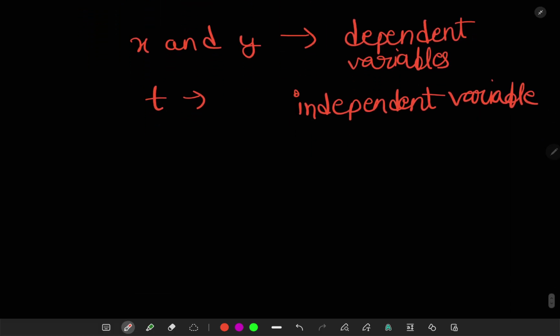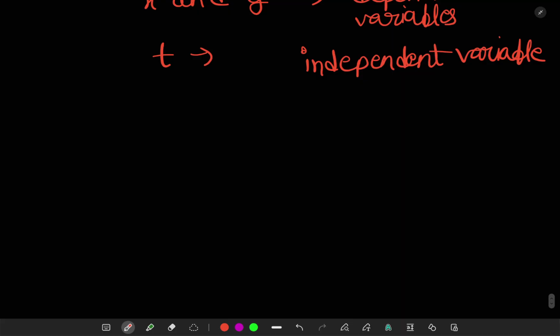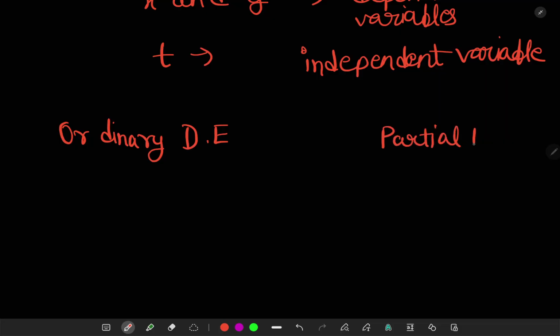For the solution of a differential equation, a function free of derivatives is said to be a solution of the differential equation. There are two types of differential equation. First is ordinary differential equation and second is partial differential equation.